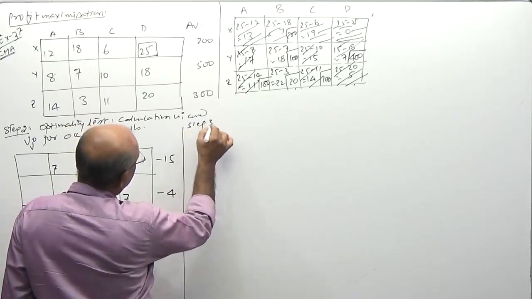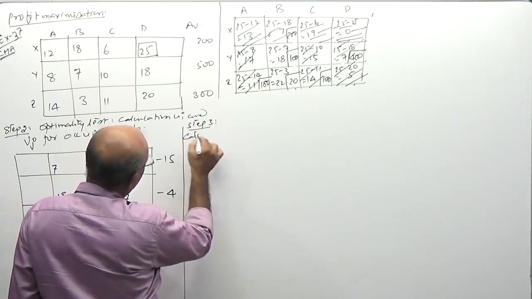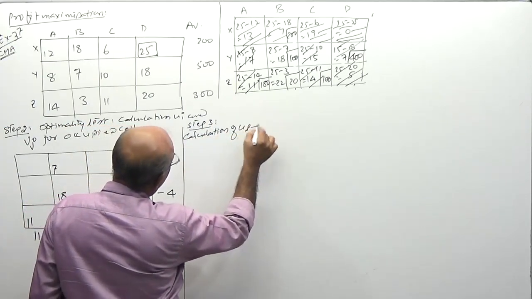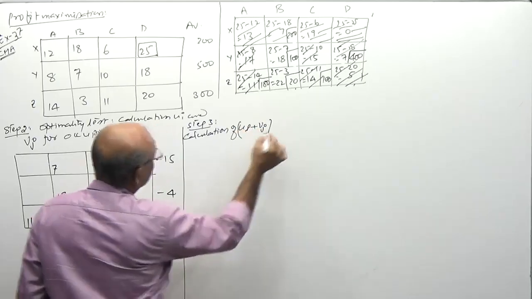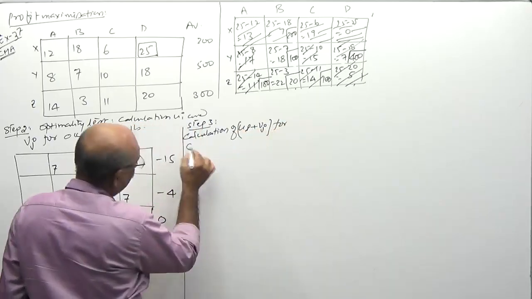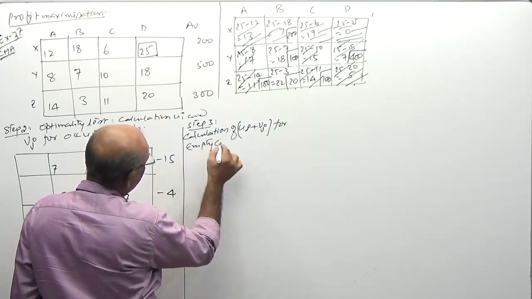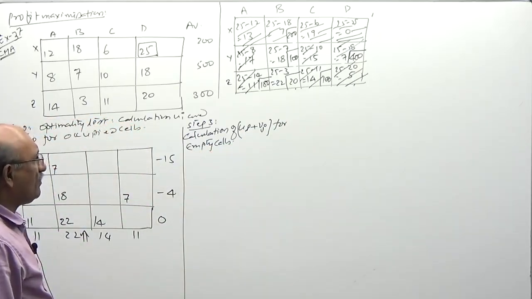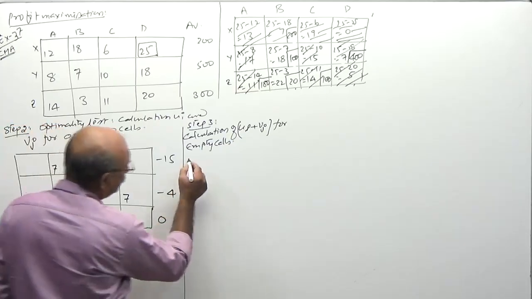Step number 3. Calculation of Ui plus Vj for empty cells.